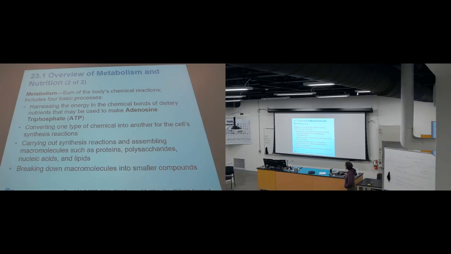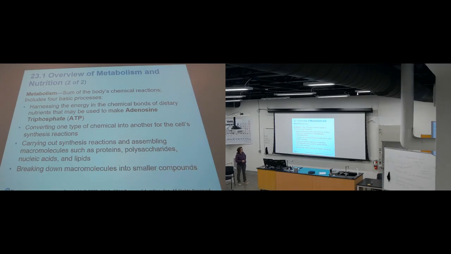ATP derives from the use of these chemical nutrients, and we have this chain in the glycolysis cycle that can form ATP, but we also have ATP generated within the mitochondria in the electron transport chain.